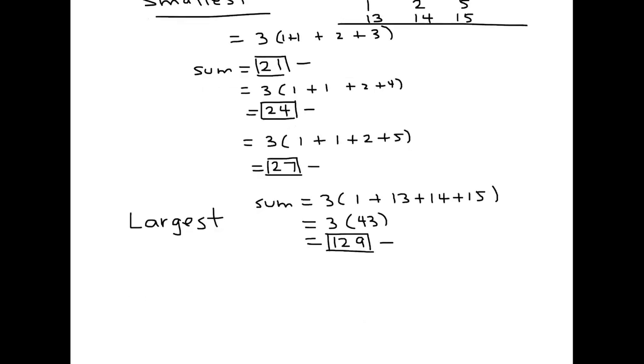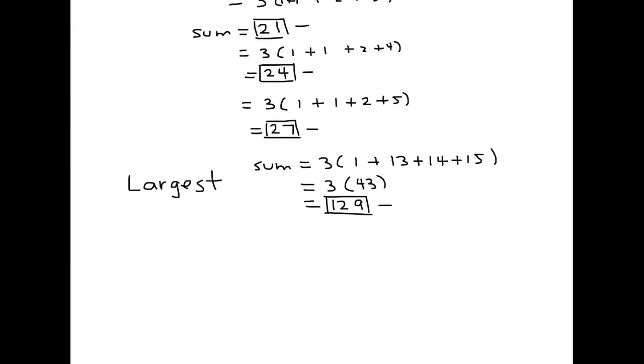So I'll write them out. I won't write them all out, but I'll write them in a little bit of an order. So we have our sums: 21 is a possible sum, 24, 27, 30. You see what's happening? 33, all the way till 129.